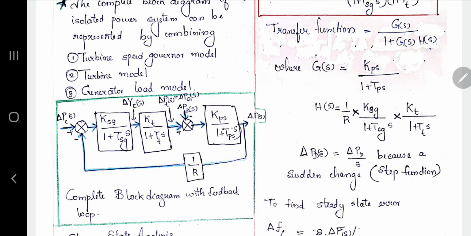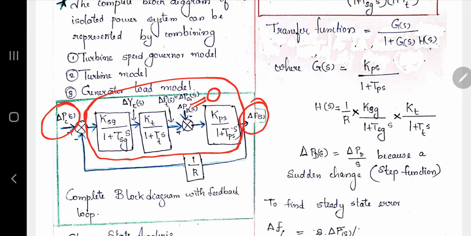You can see delta F of S is the output, and here we consider delta PC of S as the only input, and delta PD is made equal to 0. So what becomes the gain? This much becomes the gain for the system, and this becomes the feedback loop.